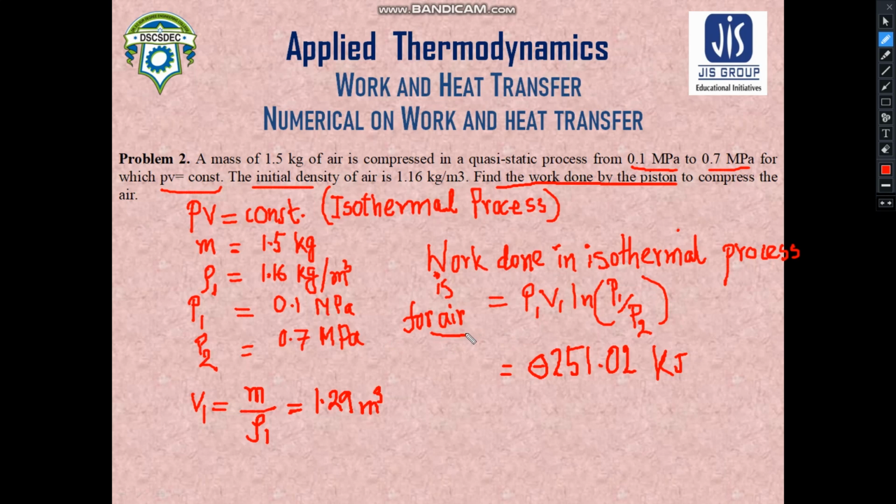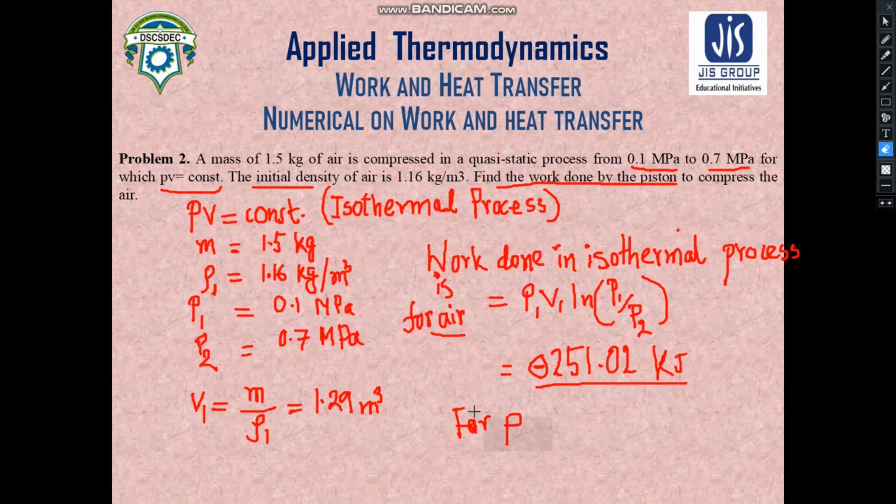So if work is done by the surroundings on the system, then we term it as negative work. So that is what is happening here. That means the negative work suggests that the work must have been done by the surroundings, which is the piston in our case. So for the piston, the work done will be positive.